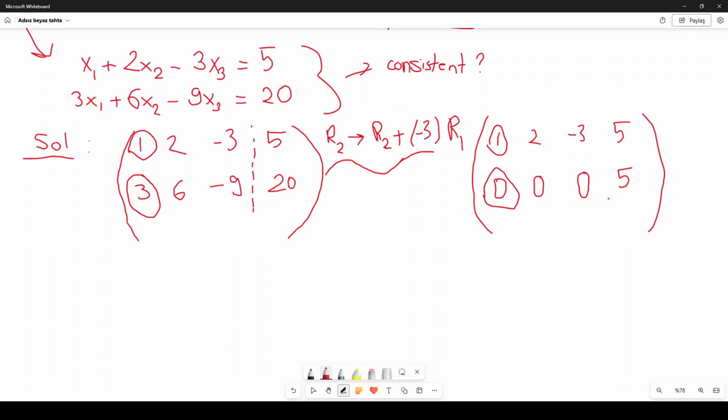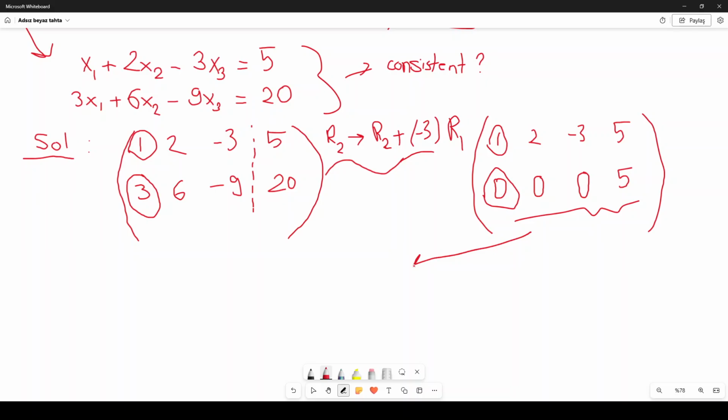So what have we found? Let's examine the last row, and remember what we are looking for. We are trying to see whether or not this system is consistent. Look at the last row.